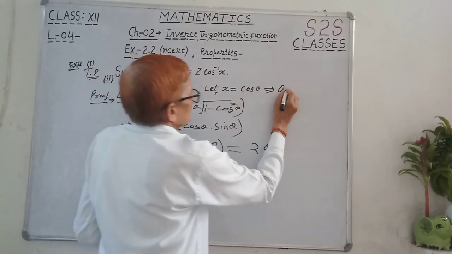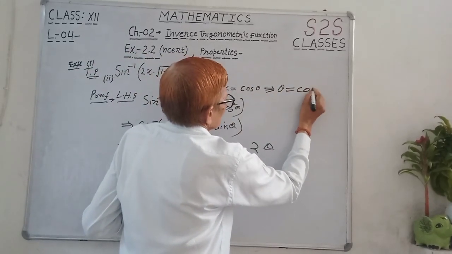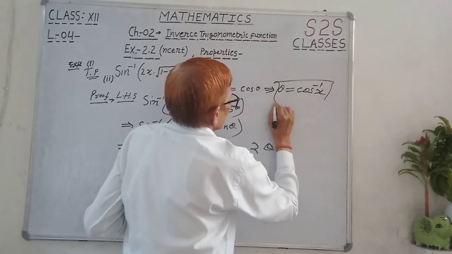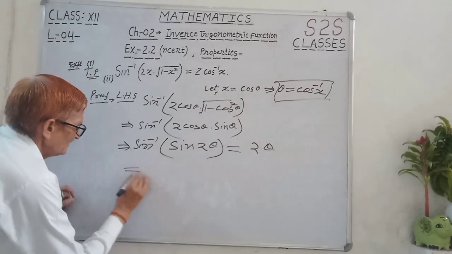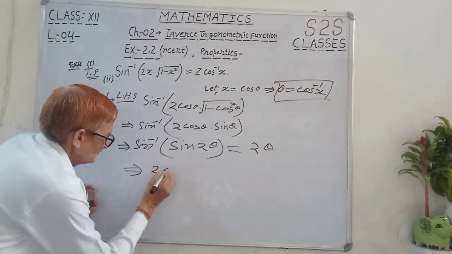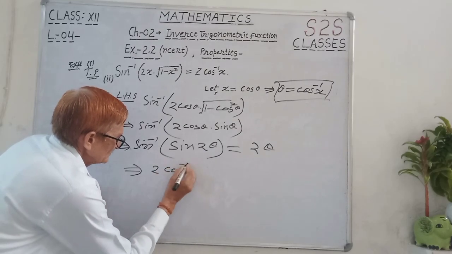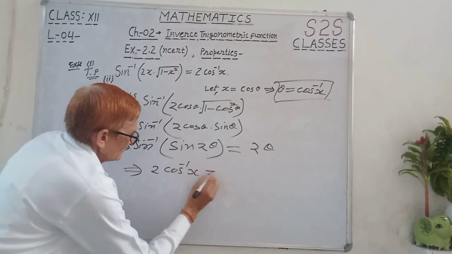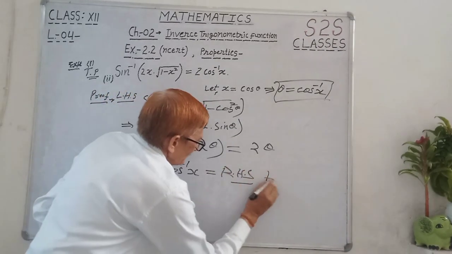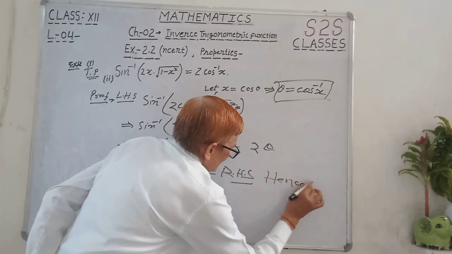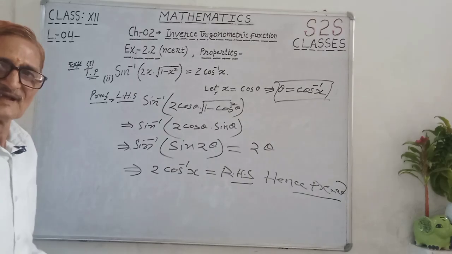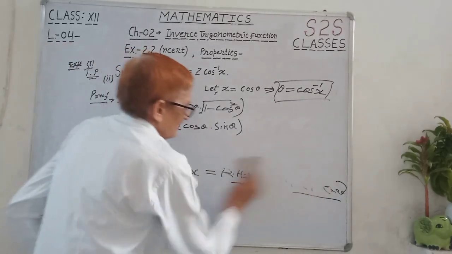From the substitution, theta is cos inverse x. Now put back the original, replace theta with cos inverse x, then 2 cos inverse x equals the RHS, hence proved. Okay, clear? Now the next example.